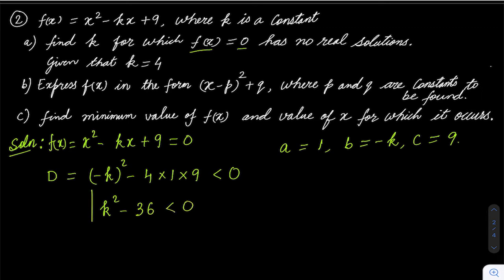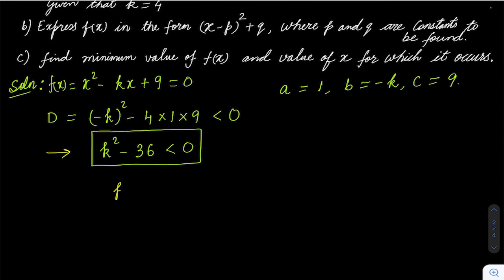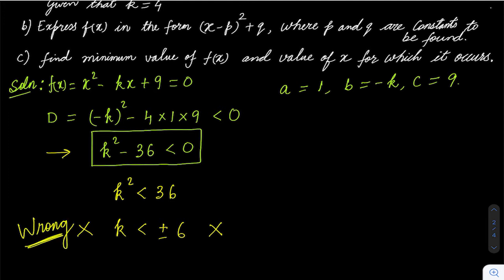Okay, now this is important, because this is another problem where students make a lot of mistakes after this. What they will do is write k square less than 36, and then write k is less than plus minus 6, which is totally wrong. You can't solve it like this. Even some of my students do this initially.